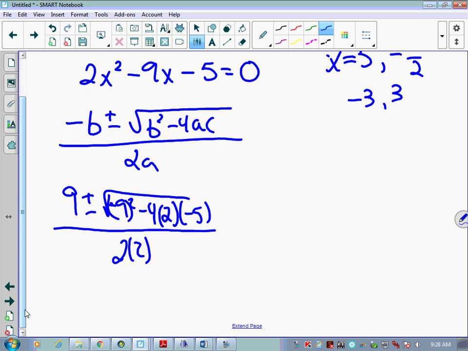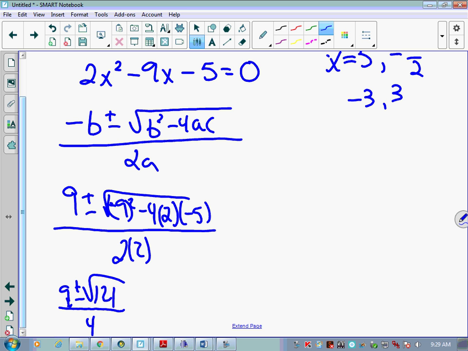Okay? So that's going to give me 9 plus or minus over 4 square root of, I want 81 plus 40, something like that. Okay, which comes out to square root of 121.